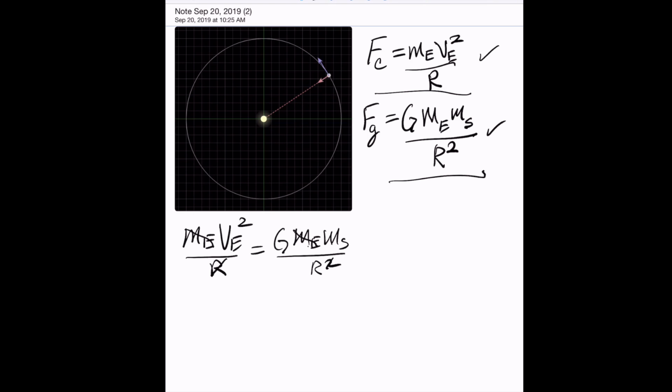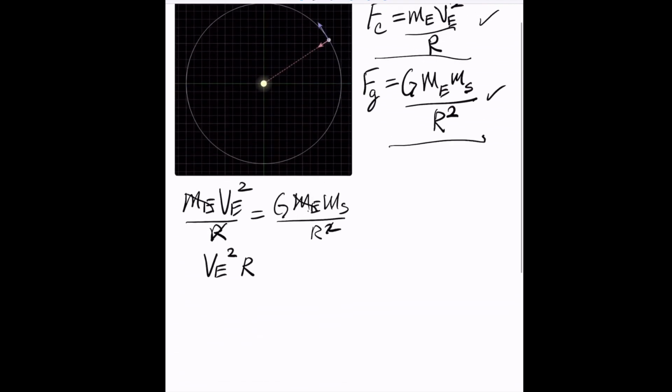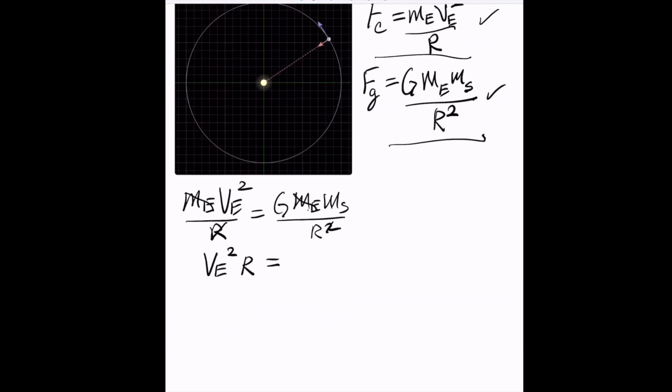And if we algebra this a little bit, yes, that's a verb I made up, then the speed of Earth squared times the distance of Earth from the center of the sun equals the constant from gravity, that giant G we talked about before, times the mass of the sun. And you'll notice that the stuff on this side is constant.